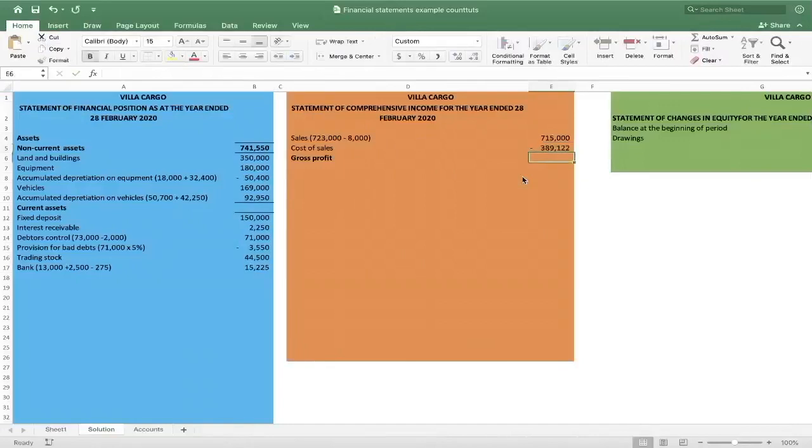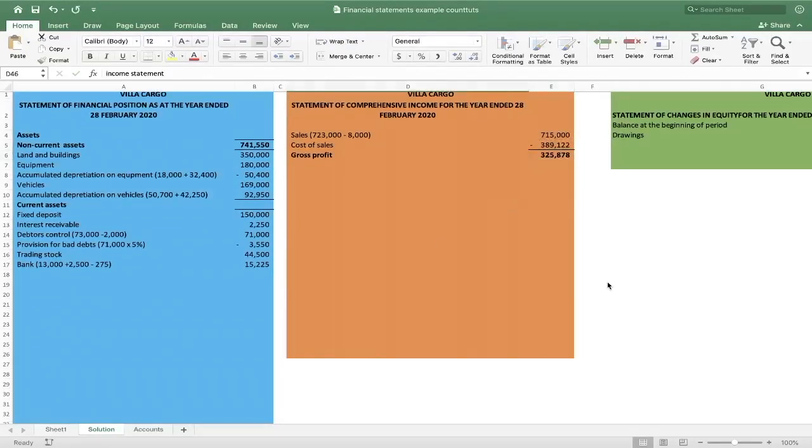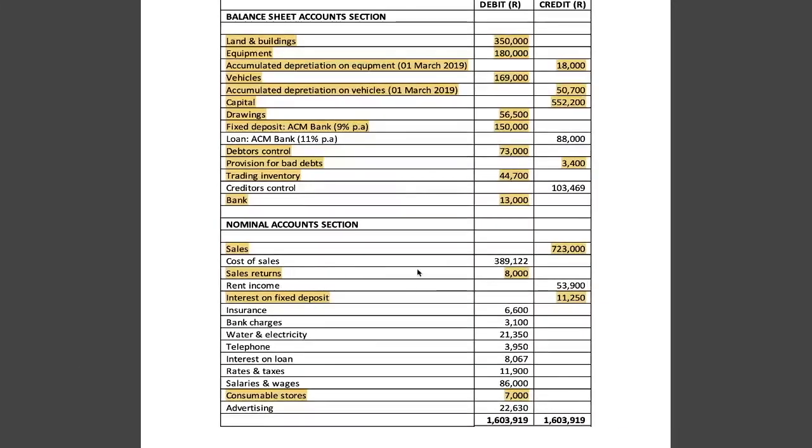Once I've done that, I just need to compute my gross profit, which is the 715,000 rand minus the 389,122 rand, and it gives me a gross profit of 325,878 rand. Now that we are done with cost of sales, let's make sure that we highlight it. There we go. And then we move to the next one.